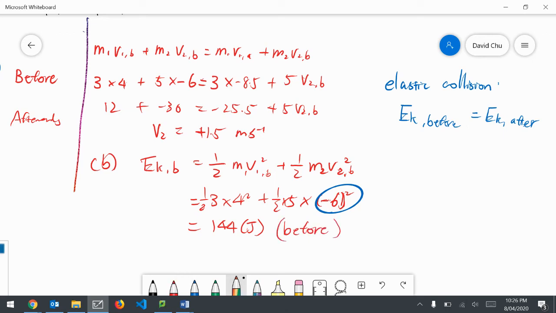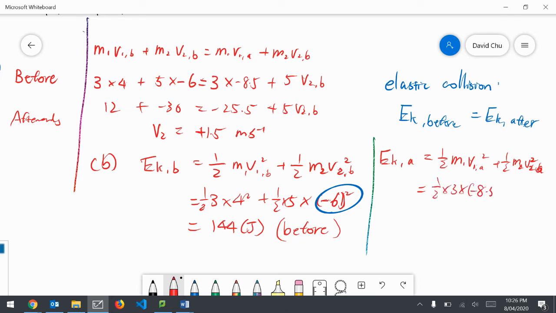Now, EK after is the same formula, other than the fact that you now have v1A and v2A. So m1 v1A squared plus a half m2 v2A squared. Similarly, you got a half times 3 times minus 8.5 all squared plus a half times 5 times 1.5 squared.